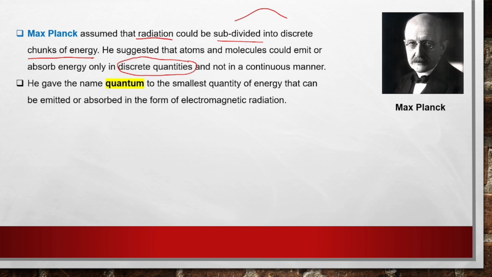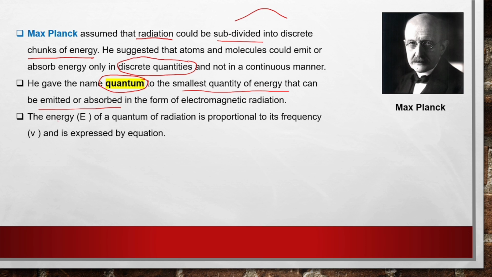First, he told that radiation is not emitted continuously but as discrete quantities, and for that discrete quantity he gave the name quantum. Quantum is the smallest quantity of energy that can be emitted or absorbed.